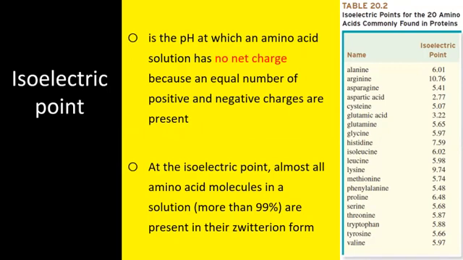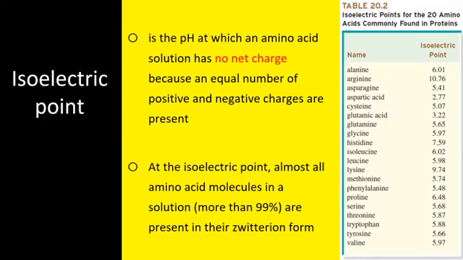So the pH value of our amino acid solution at that point is called the isoelectric point. Again, isoelectric point means no net charge, an equal number of positive and negative charges.